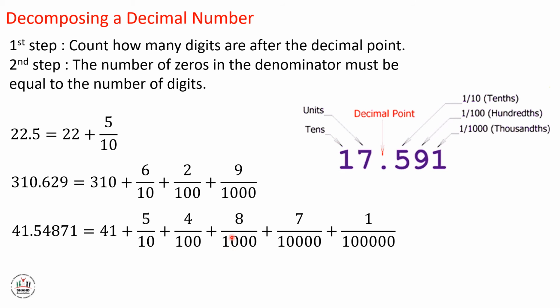So we write 3 zeros to the right of 1. So 8 over 1000, 7 over 1, 2, 3, 4. So we need to write 4 zeros to the right of 1, plus 1 over 1, 2, 3, 4, 5. So we write 1 over 1 and 5 zeros.